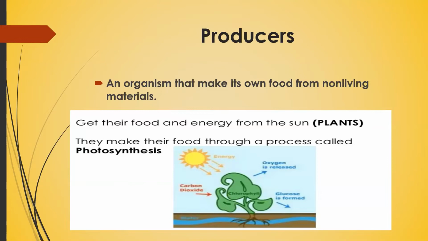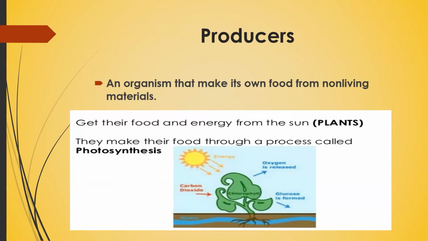An organism that makes its own food from non-living material is a producer. Producers are autotrophs, as they make their food by their own self. A producer, also called an autotroph, uses energy to make food.